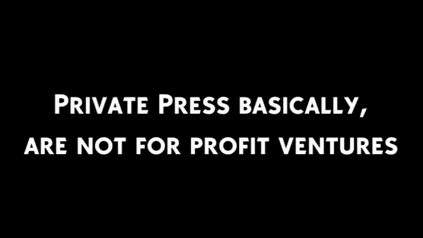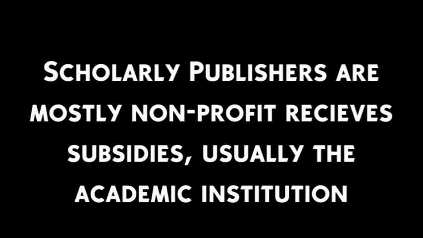Next is the private press, basically not project ventures. Scholarly publishers are mostly non-profit organizations and receive subsidies from academic institutions. Examples of scholarly publishers are Ateneo Press, UST Press, and UP Press, and so on.